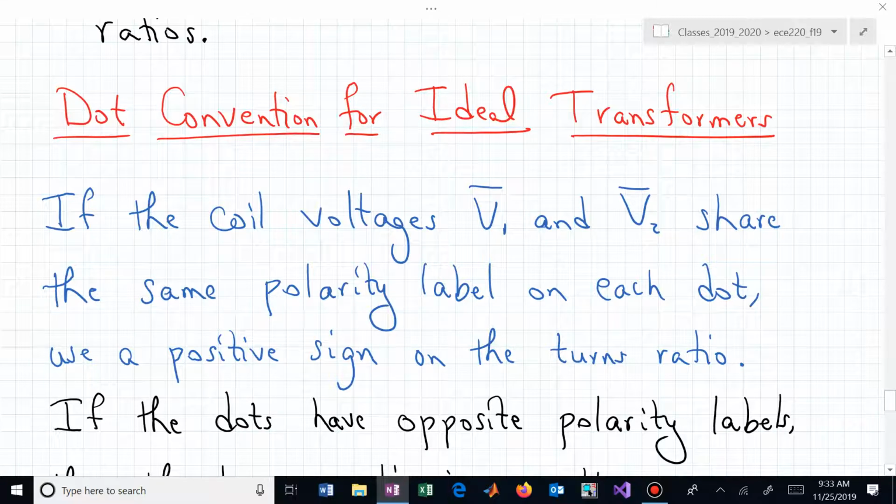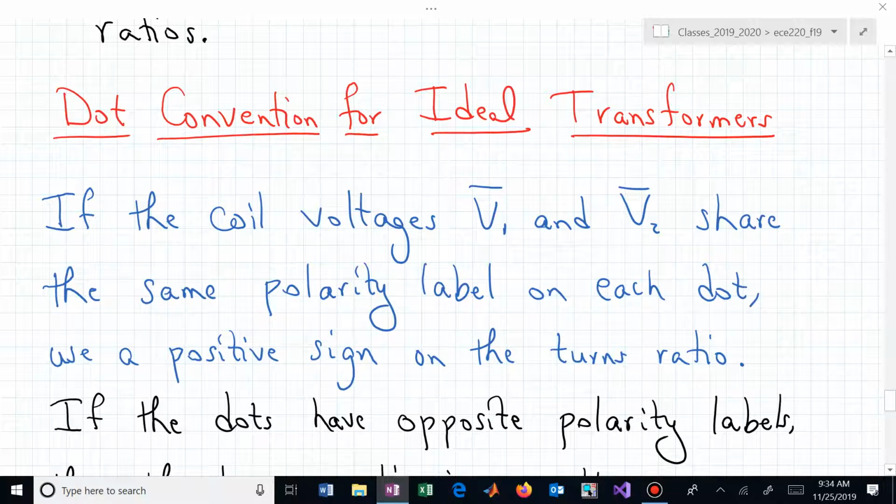Here's the positive sign, and now I'm going to confuse you more. Okay, so blue. If the coil voltages V1 and V2 share the same polarity label on each dot, so let's say V1 has its positive polarity on the dot and V2 has its positive polarity on its dot, then the turns ratio has a positive sign.